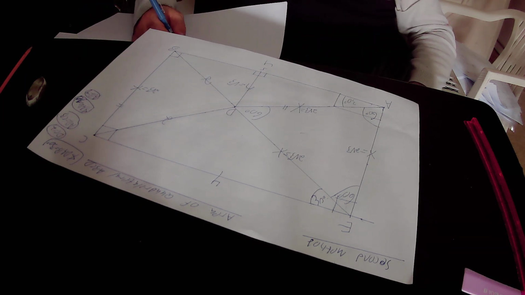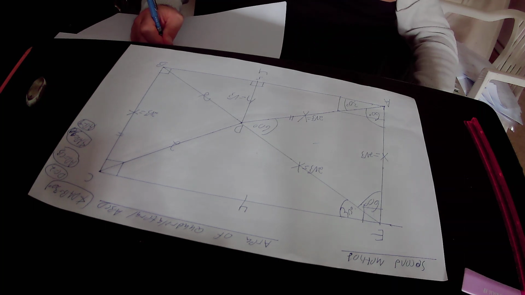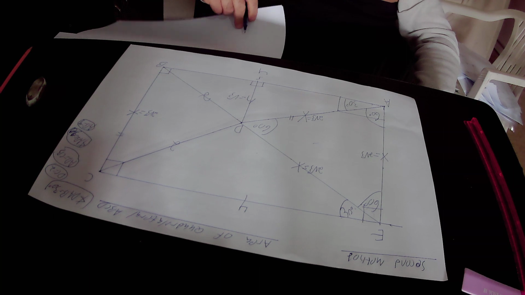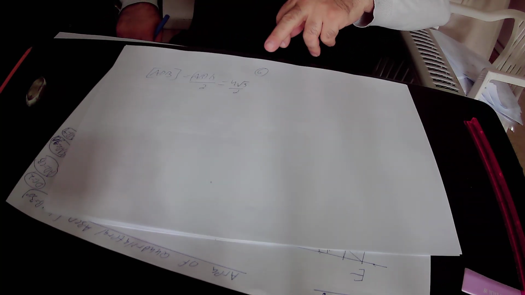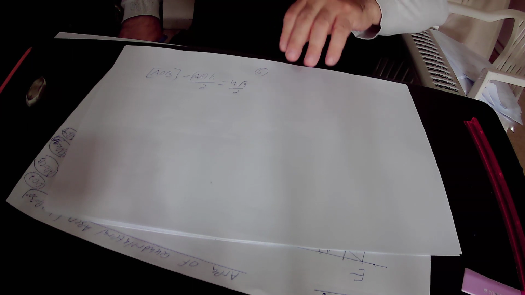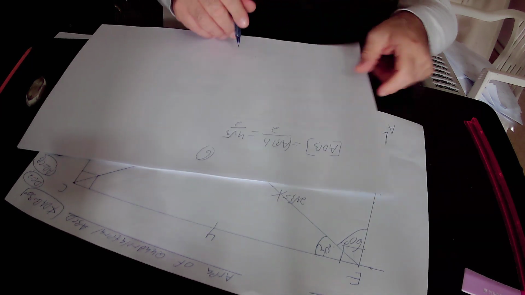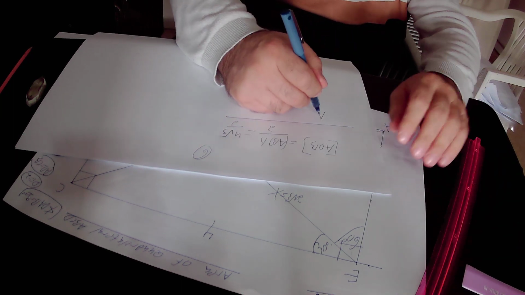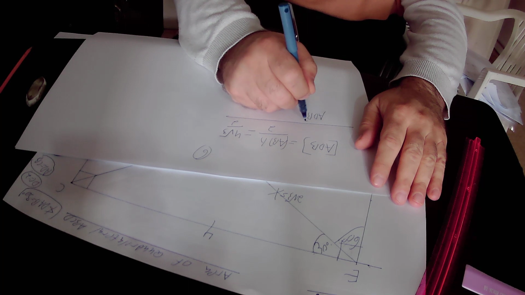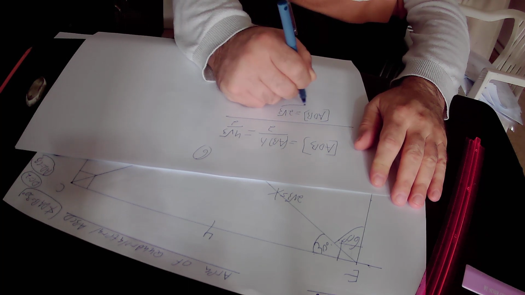AB equals 4 units, h equals square root of 3 units, all divided by 2. So the area of triangle ADB equals 4 over 2 times square root of 3. 4 over 2 is 2. So we found out that the area of triangle ADB equals 2 times square root of 3 square units.